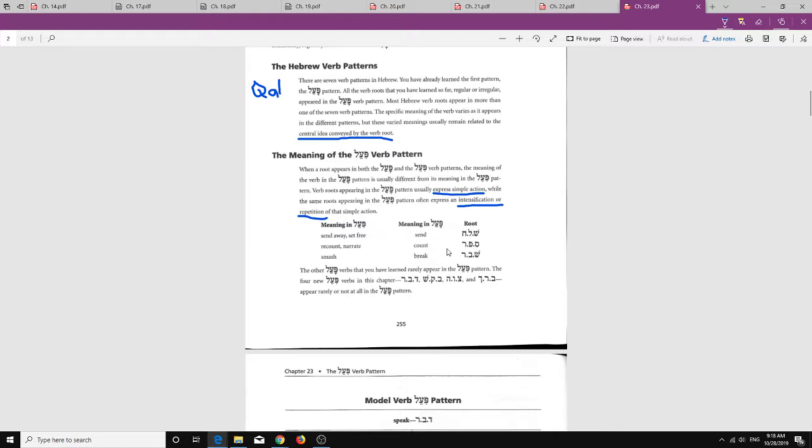Now in the Piel, send becomes send away, or even, if you're talking about servants, you're setting them free, you're sending them away. Counting can take on the idea of recounting. So whereas sending away is intensification, so not just sending, but really sending, like go away kind of sending, counting, instead of intensification, is repetition.